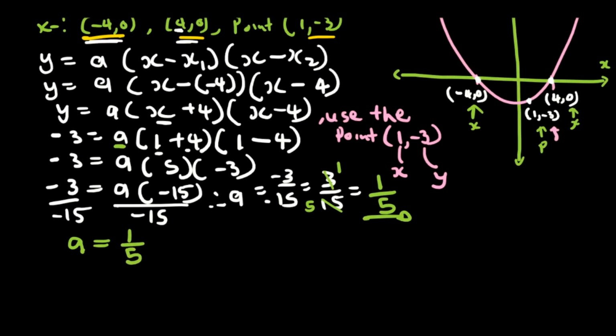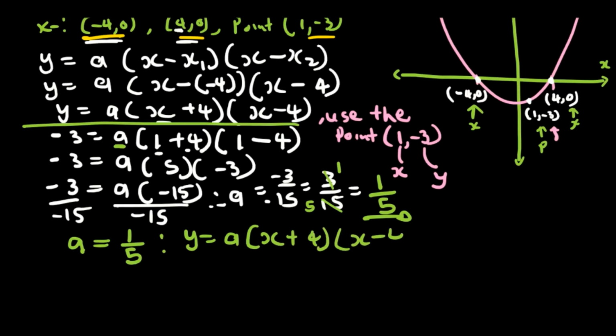Just to write your equation nicely, you use this part, y equals a into (x plus 4)(x minus 4), and substitute your a value: y equals 1 over 5 into (x plus 4)(x minus 4).